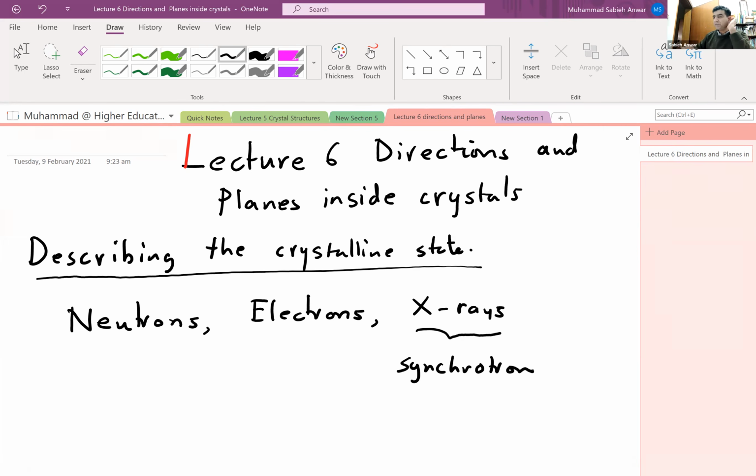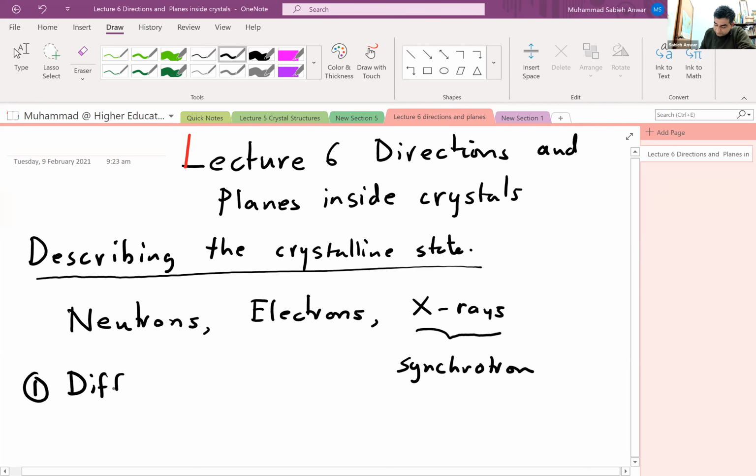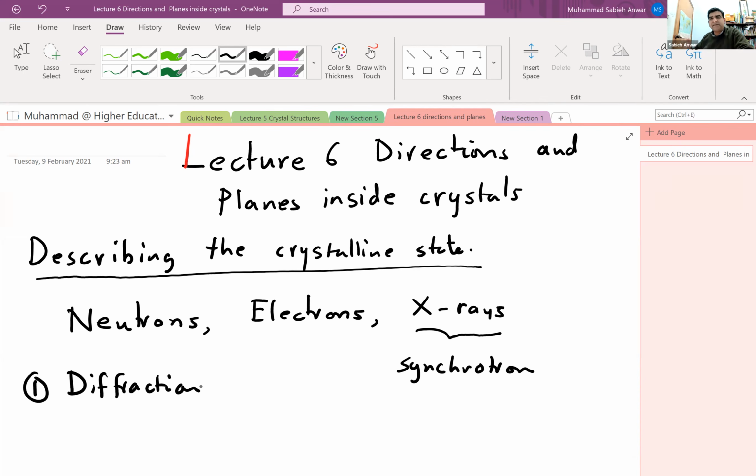Now, in this second module of the course, we're going to deal with two concepts in tandem. One is the concept of diffraction, particularly diffraction from X-rays, because that by far remains the most important and the most versatile tool for probing the crystalline state.